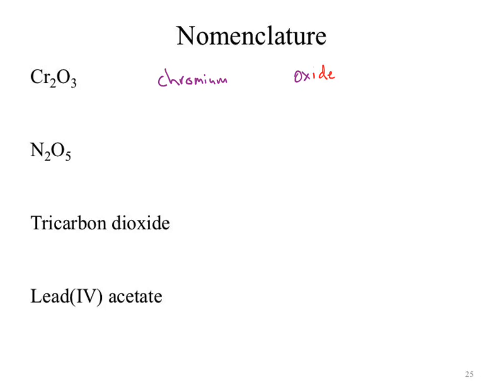The next part before I push further into this is deciding what kind of compound am I looking at. Well, what kind of bond is there between chromium and oxygen? Well, chromium's a metal. Oxygen is a nonmetal, which means I now have an ionic bond. So I need to be following the rule set for ionic compounds.